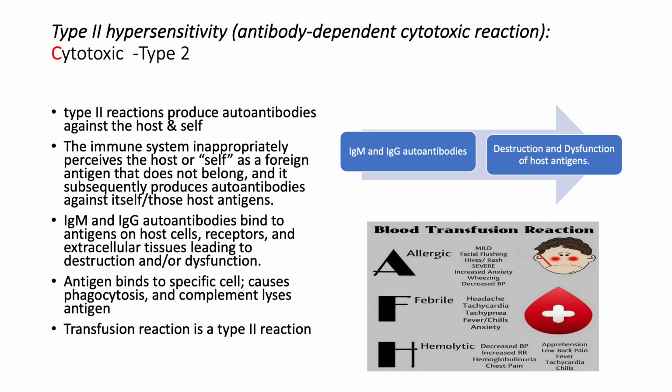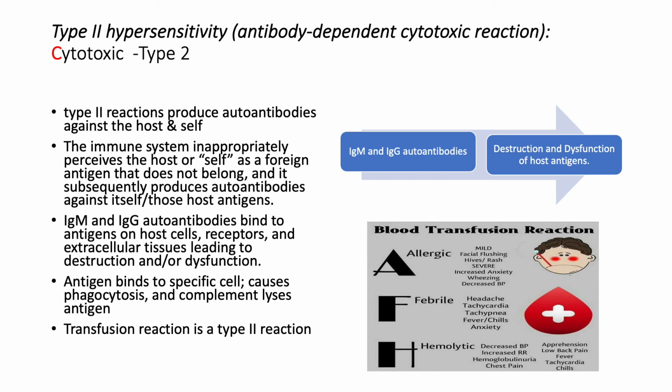In a type 2 hypersensitivity reaction, an antigen binds to a specific cell, stimulating phagocytosis and complement-mediated lysis of the antigen. A transfusion reaction to mismatched blood is a type 2 hypersensitivity reaction.